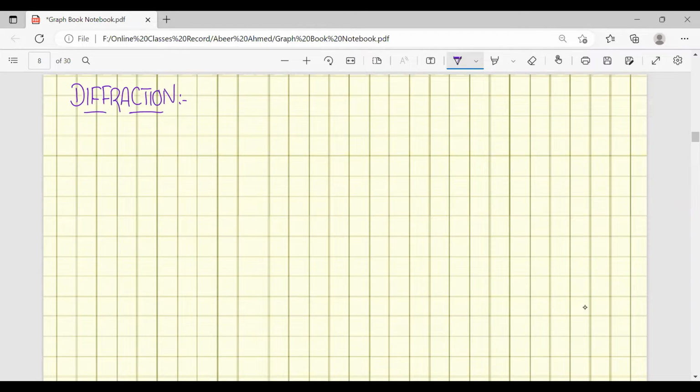In diffraction, there is something different: the waves are going to be refracted or reflected through the edges of obstacles, which are going to be placed in the path of waterways.